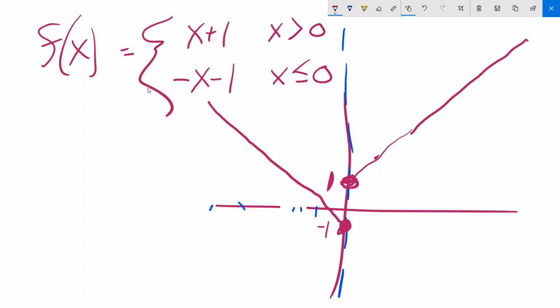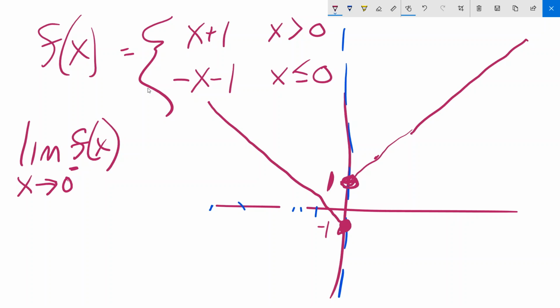Okay, so now give me the limit question. The A part says limit as x tends to 0 from the left. So from the left, what is f of x? If we're approaching 0 from the left, that would be -1, correct?